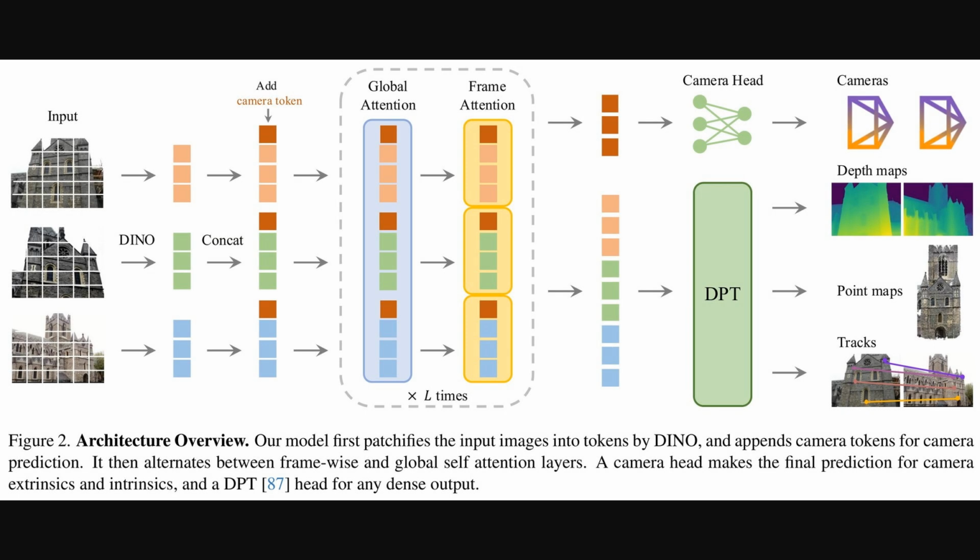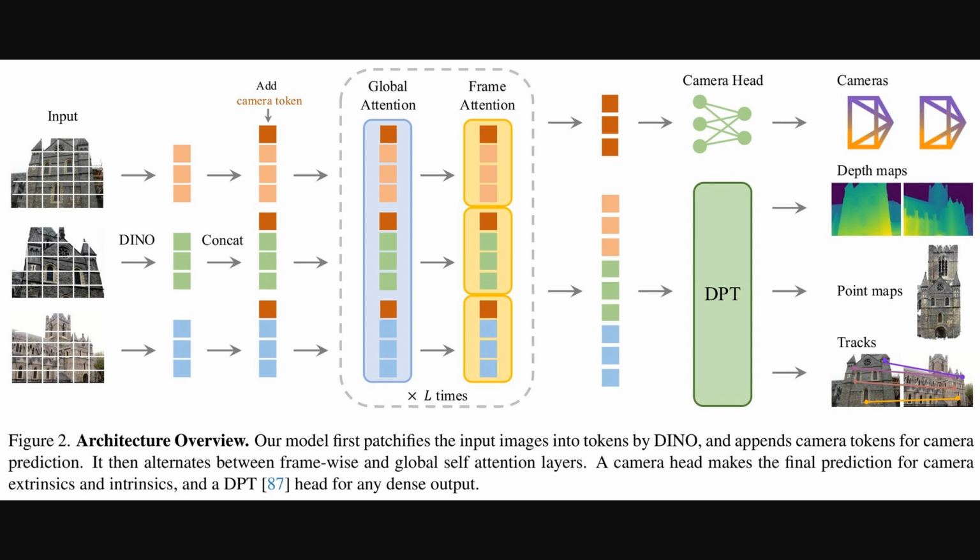Okay, so figure 2 now gives us a peek under the hood at the model's architecture, how it actually gets from those input images to the 3D stuff we saw before. It starts by chopping up the input images into smaller patches using something called Dino. Then these patches, along with some special camera tokens, go into the main transformer part.